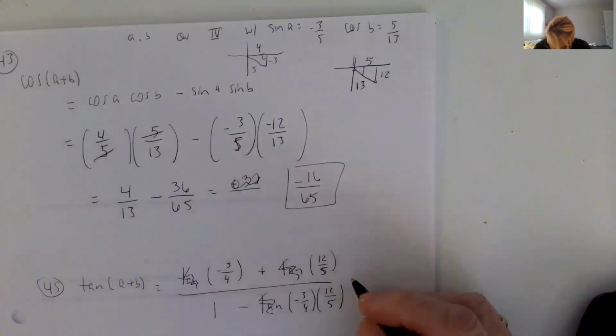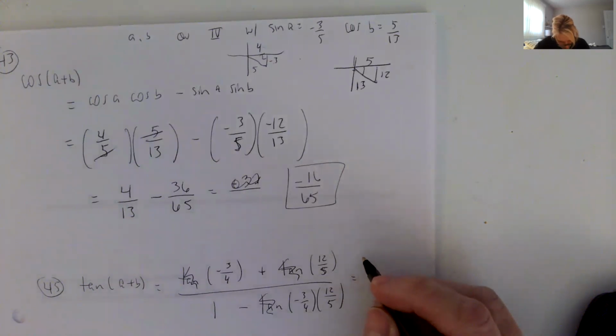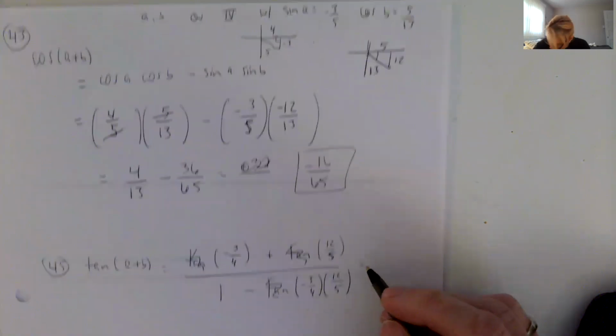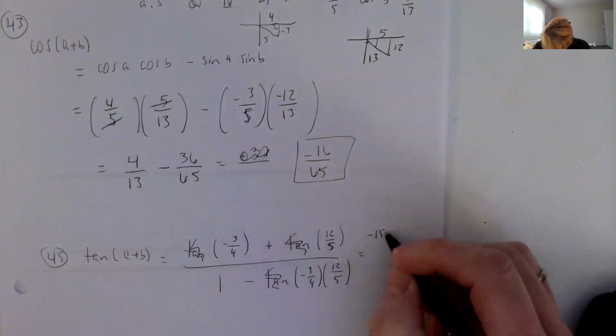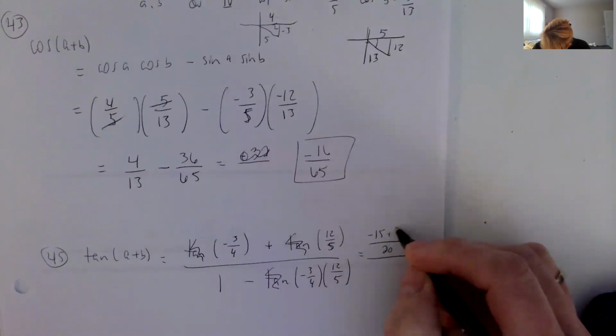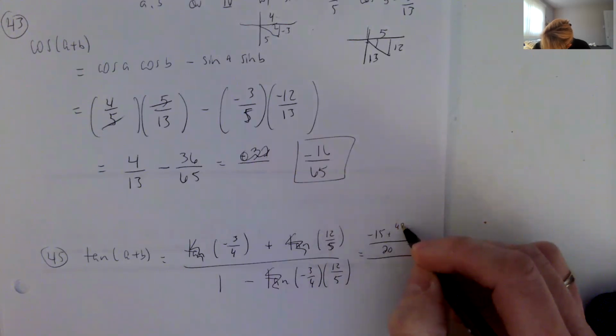Okay. And so we have, if we get a common denominator of 20, a negative 15 plus 48 over 20.